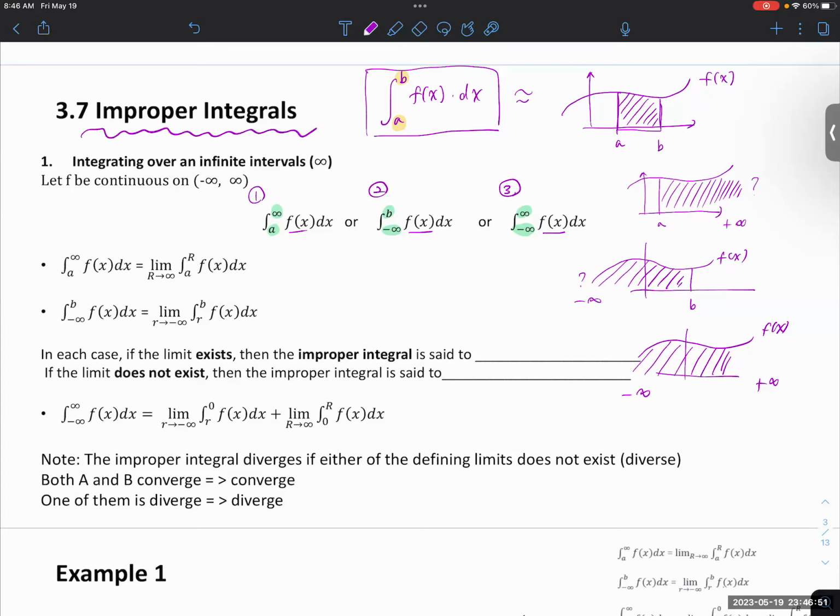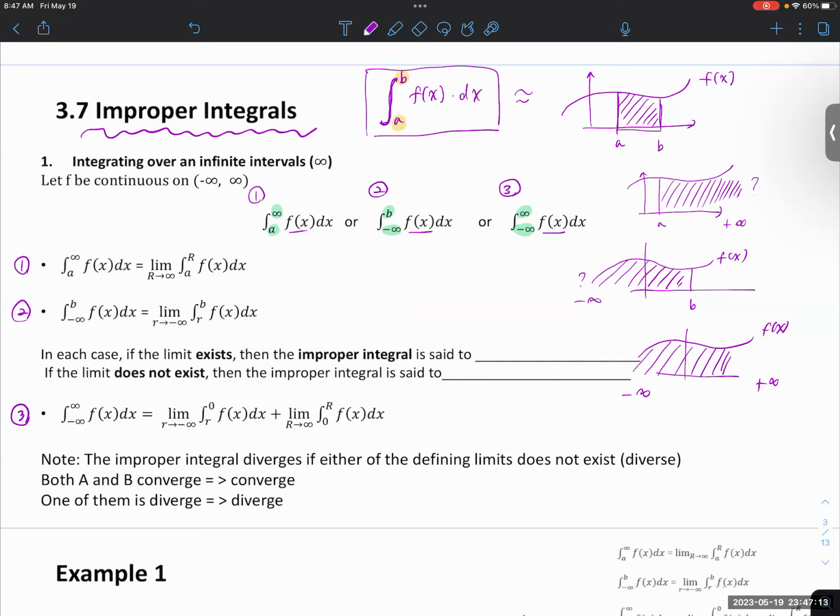So you're going to deal with three cases in this chapter. We are trying to find out the area. That's our goal anyway. So the idea is pretty simple because we know the background. We know the story of where the integral came from. This came from the Riemann sum. Do you remember?